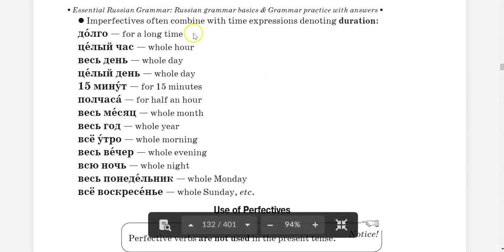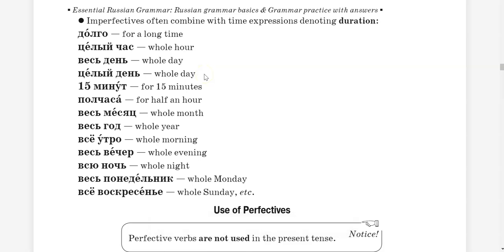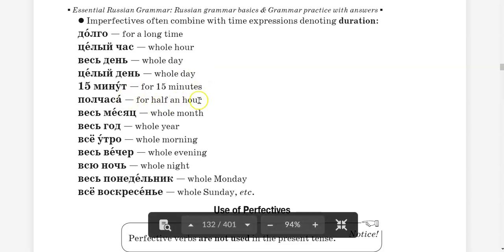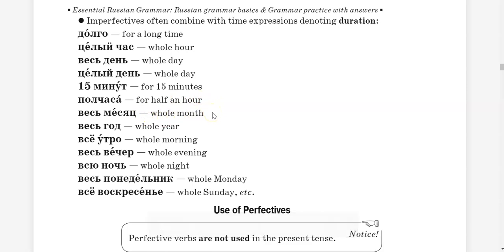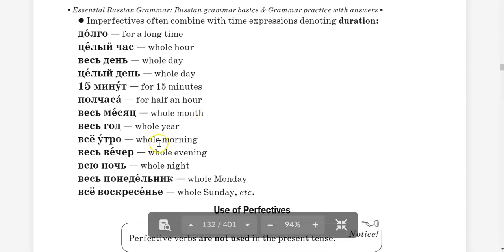So долго, for a long time, целый час, whole hour, весь день, whole day, целый день, whole day, 15 минут, for 15 minutes, полчаса, for half an hour, весь месяц, whole month, весь год, whole year, все утро, whole morning, весь вечер, whole evening, всю ночь, whole night, весь понедельник, whole Monday, and все воскресенье, whole Sunday. Pay attention that there is no preposition for those if you want to express duration.